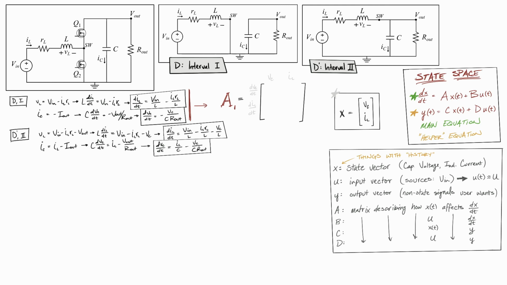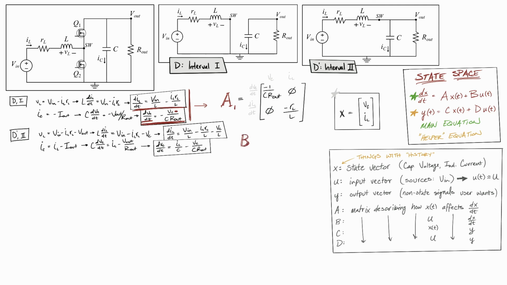And then to decide what goes in any of these indices, I'm going to look back over the differential equations we created, and I'm going to say, oh, look right here. dVC dt is dependent on VC by this term minus 1 over C R out, and it has no dependence on IL. Similarly, I'm going to look at the other differential equation and say dIL dt is dependent on VC, 0, has no dependence, and it's dependent on IL by this term minus RL over L.